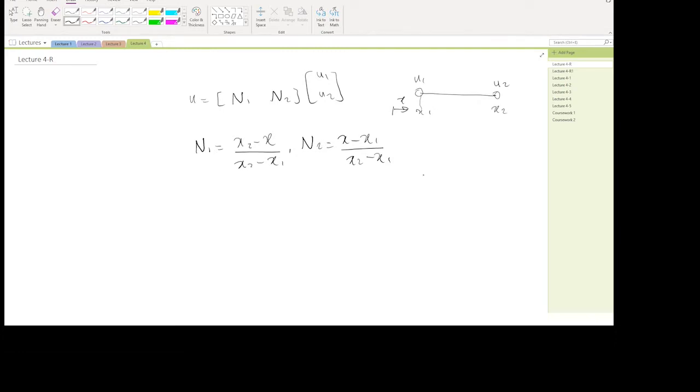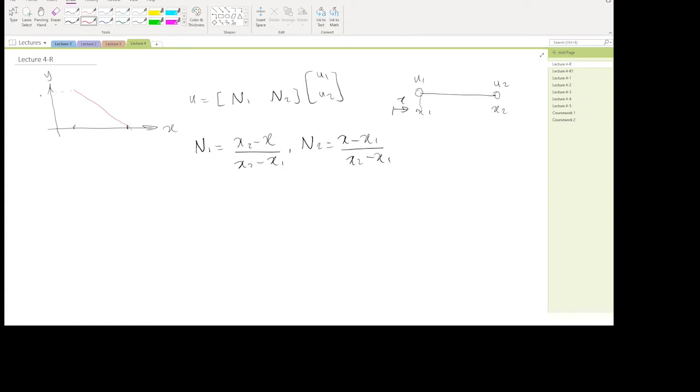All right, so we did a plot for the shape functions. If this is the x-axis and this is the y-axis, and you want to plot the shape functions N1 and N2, I will just be using colors for N1 and N2. So N1 would look like this.